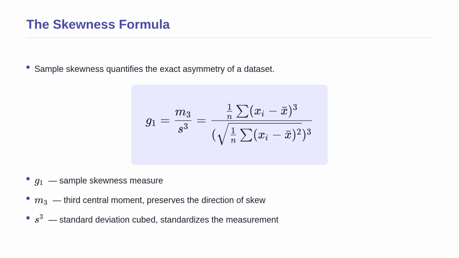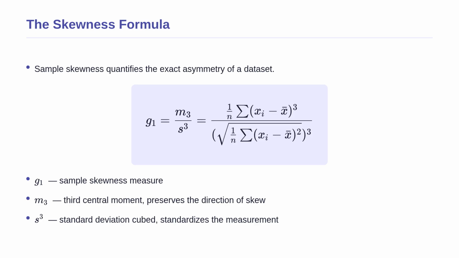Having understood the concept of skewness, let us look at how we mathematically measure it. This formula calculates the sample skewness, which quantifies the exact asymmetry of our dataset. The numerator represents the third central moment. Notice that we cube the distance of each data point from the mean.